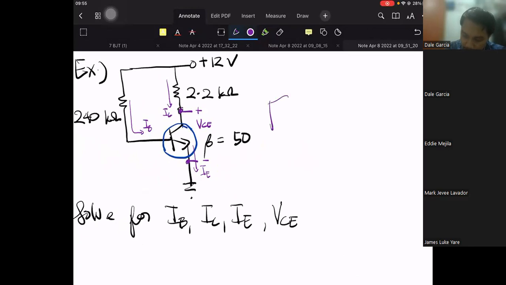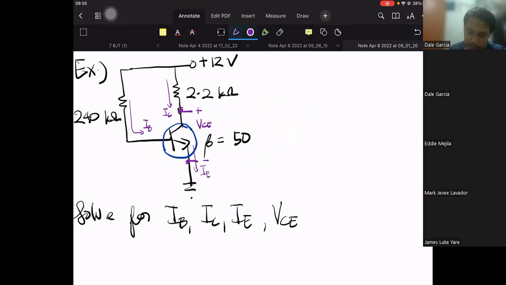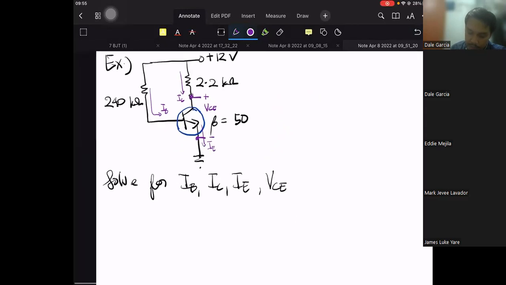So what if we use a multimeter? One terminal goes here, and the other one here. So that is VCE, which we measure across the collector and emitter regions. Okay, I think that's good.